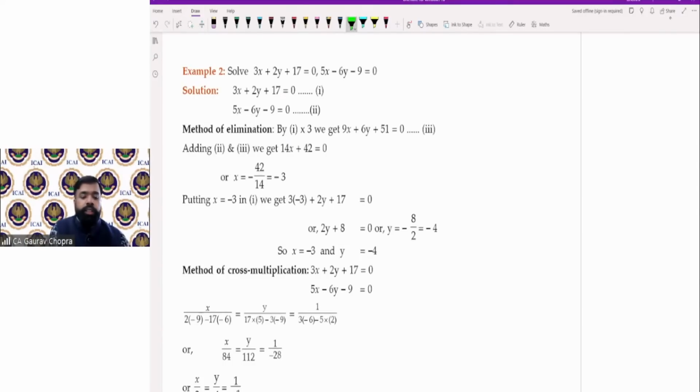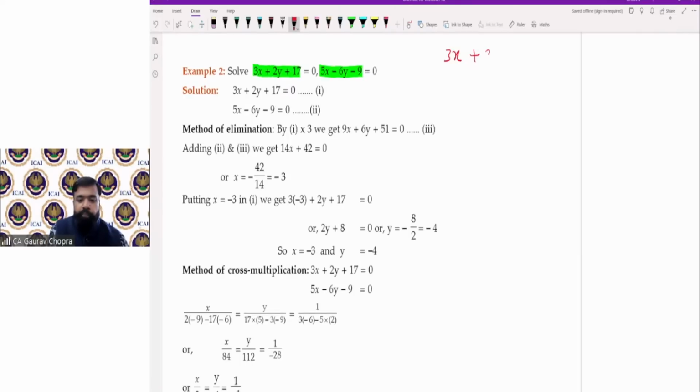The first equation is 3x plus 2y plus 17 equal to 0. And second is 5x minus 6y minus 9 equal to 0. This is exactly same as class 9th and 10th, but yes, let's revise it.